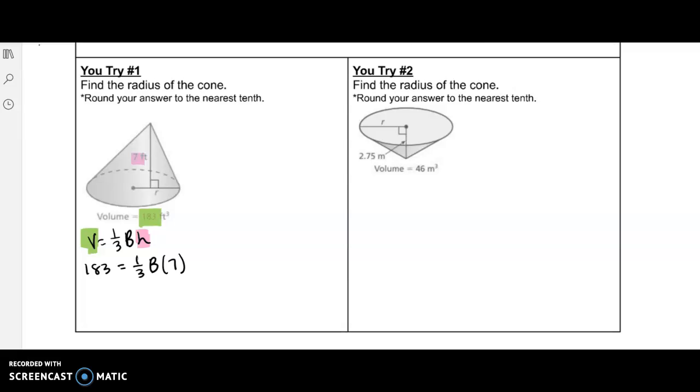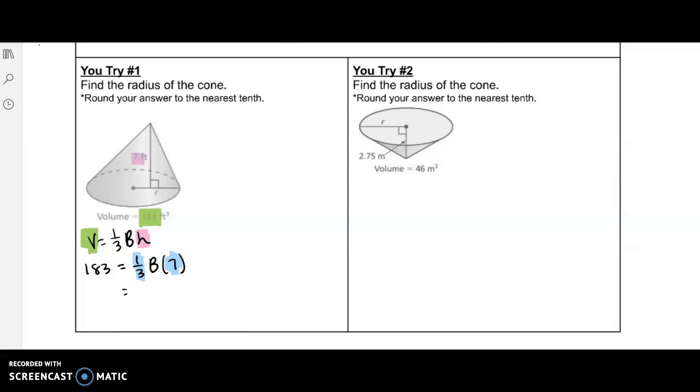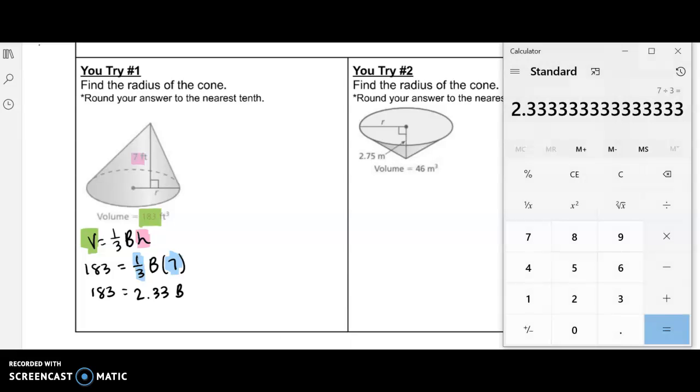And then we need to simplify. So we have 1/3 and 7. This is not going to be pretty, but that's okay. So 7 divided by 3 gives us 2.3 repeating. So we're just going to call that 2.33 the area of our base equals 183.